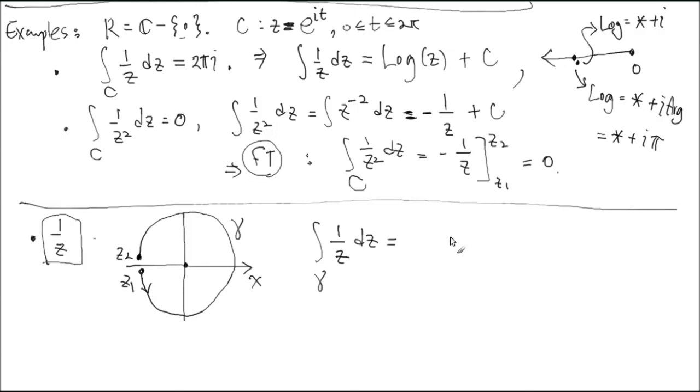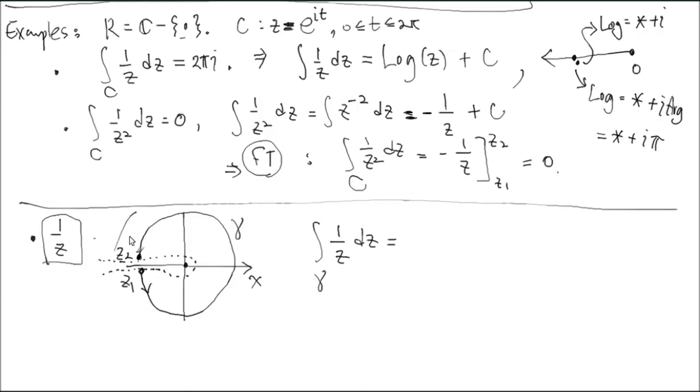this path lives inside a nice region. Let me try it like this. If I think about this region right there that successfully avoids this branch cut, it doesn't matter how close these two points are, they're inside this region.